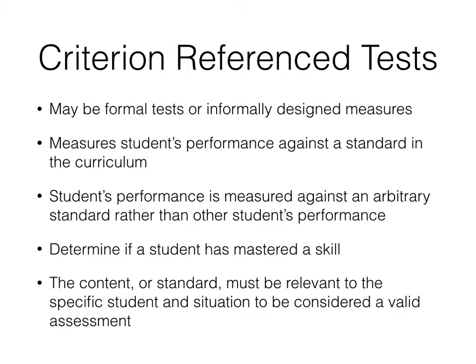Again, the distinction here between criterion reference tests and norm reference tests is that in the criterion reference test, we are just comparing the child's achievement against a standard in the curriculum or a grade level expectation. So this helps us determine if a student has mastered or acquired a specific skill.